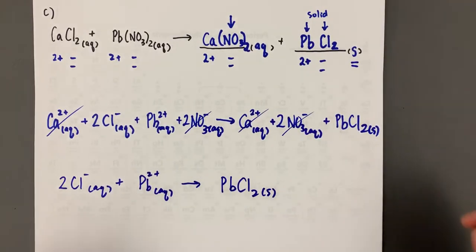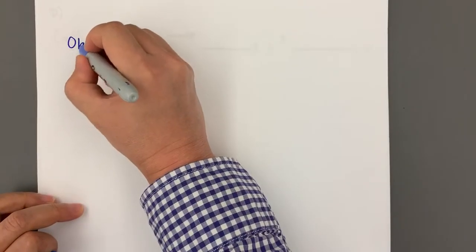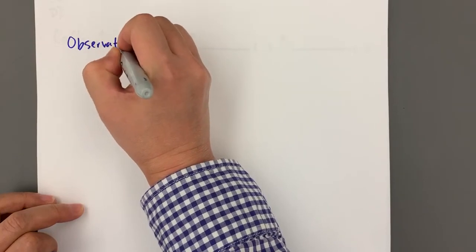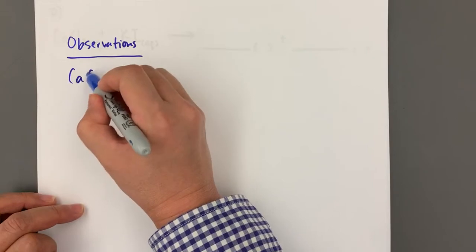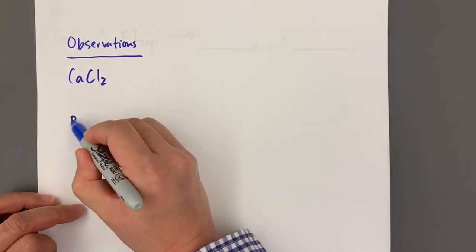So let's write down our observations, all right? We're going to, again, do what we did before, okay? Write down our observations as we do the reaction. We're going to do CaCl2, Pb(NO3)2.